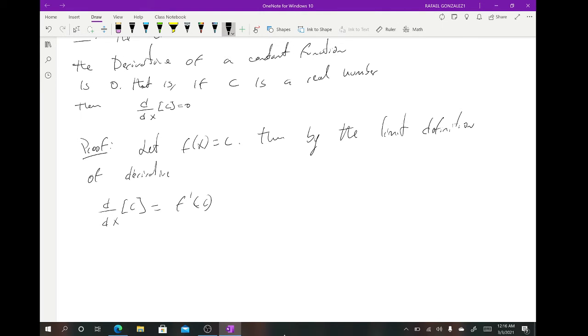Well, we know what f prime of c is. f prime of c is the limit as delta x goes to 0 of f of x plus delta x minus f of x over delta x.